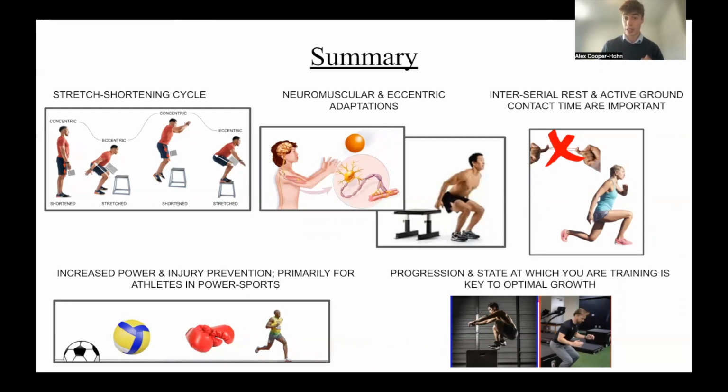You want to keep rest time high, around 2 minutes, if you're looking to increase your max levels, and reduce your ground contact times, making sure that your muscles are in an active state. This pertains to any athlete looking to increase power, any quick directional change, or reflexes. It pertains to most sports, and progression is really key to make sure you optimally grow and don't cause injury during this time. Thanks.